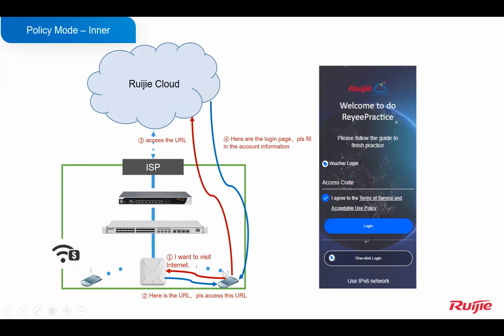So when we receive the URL information, we send the message to this URL directly, and then the Reyee Cloud will give me the login page. On this page, we can fill in some account information, such as the voucher information, or the username and password information.